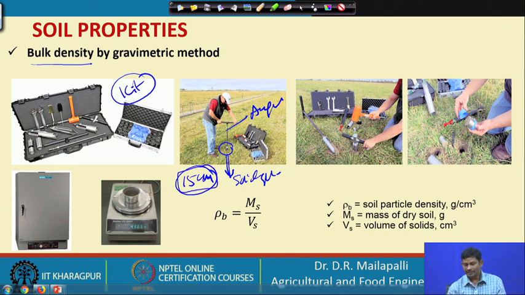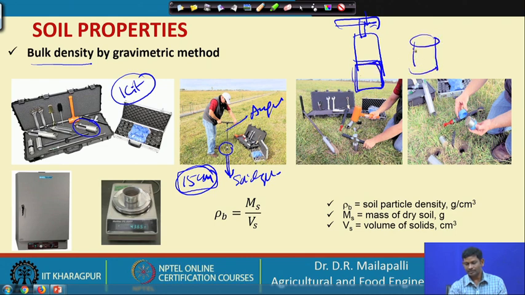Then put the insert. If you see the different cores, these are the soil cores. The soil core has a cylindrical core, and once you take it out, you are going to have this kind of cylinder with soil.